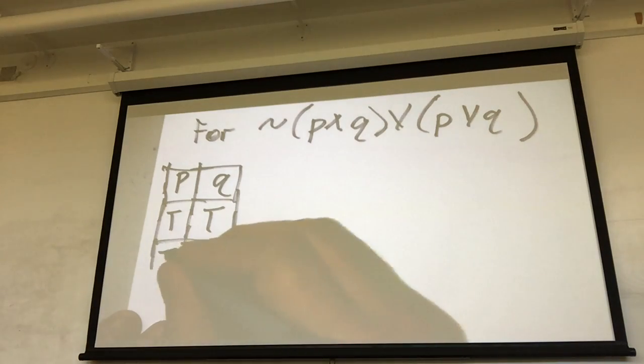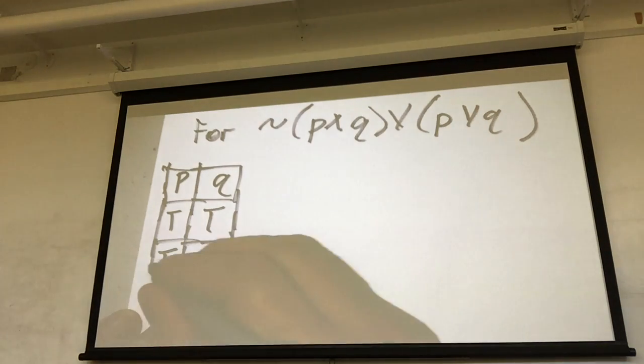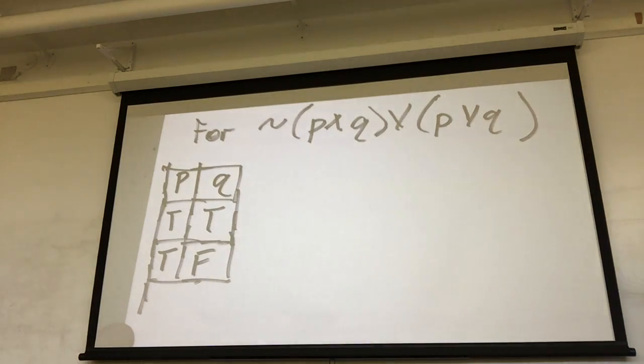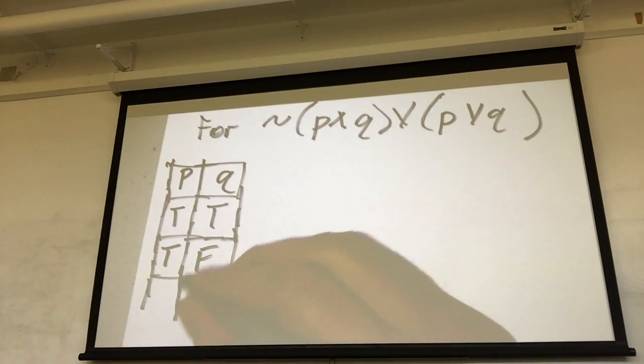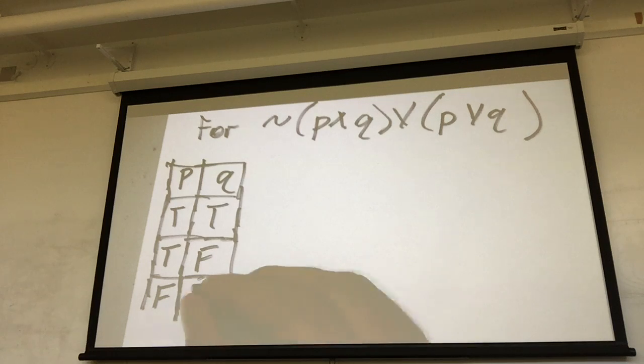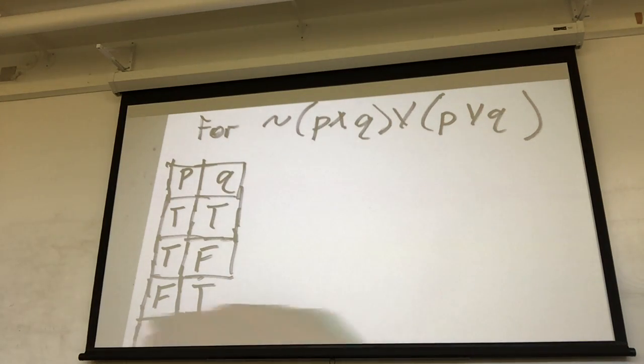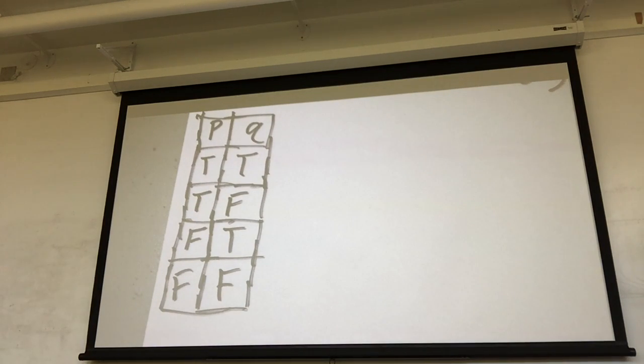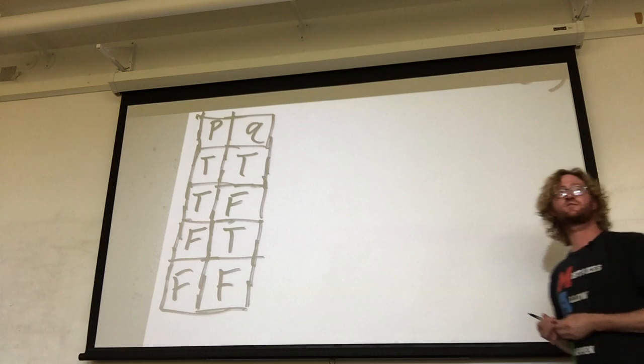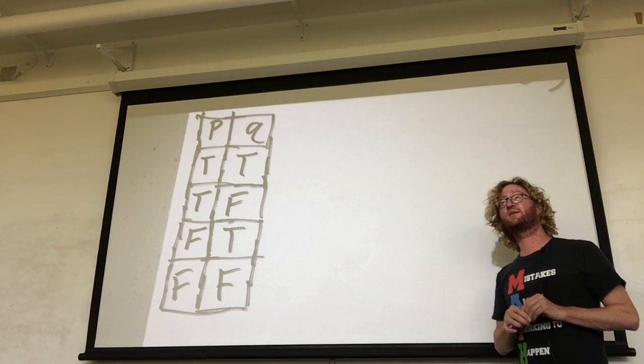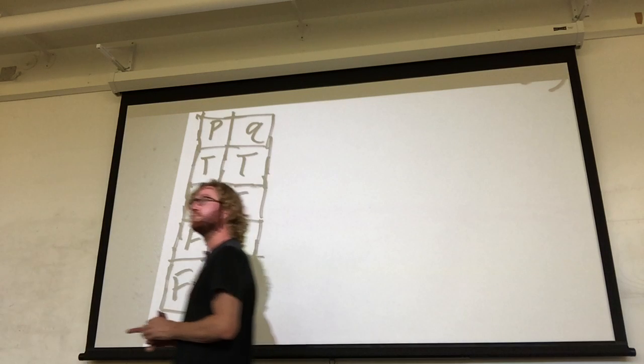Then we could say true, false, false, true, and false, false. So these are the possibilities that exist for the relationship between P and Q. If you add another variable to this, it gets bigger and longer. But let's just start off with these possibilities.